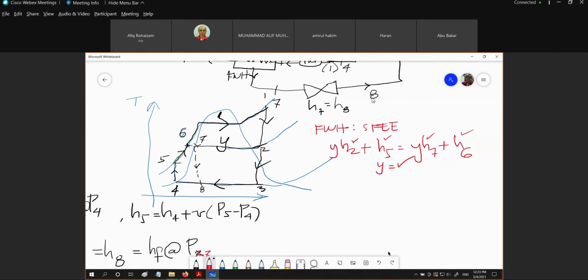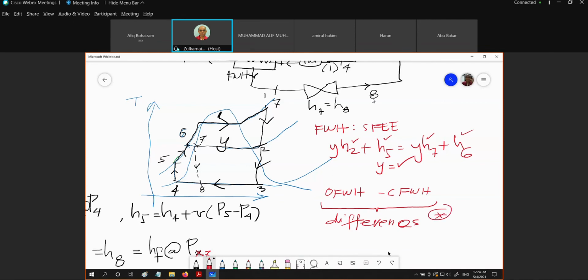So what you are going to do, I would suggest you find out more about the open feed water heater and also the closed feed water heater. I want you to look for the differences between these two, because this is a very famous question for part 1 of the steam cycle.